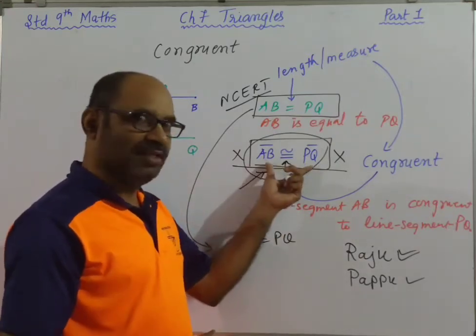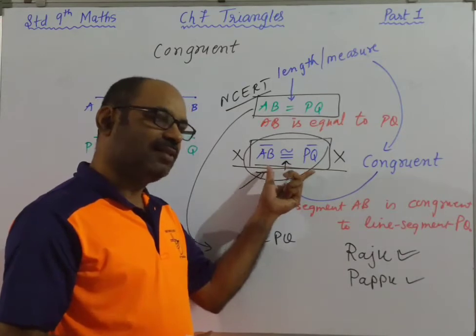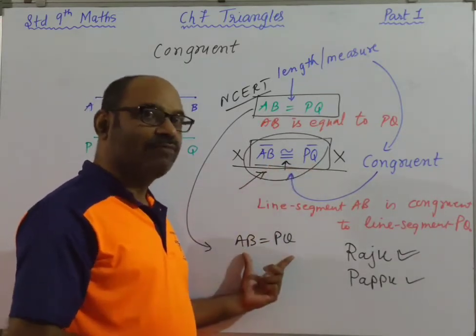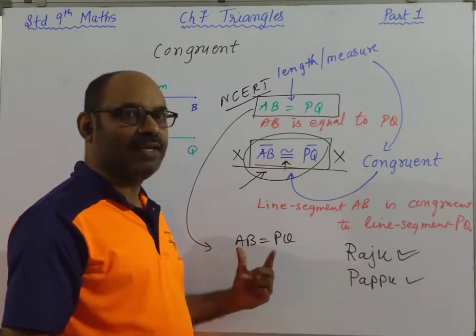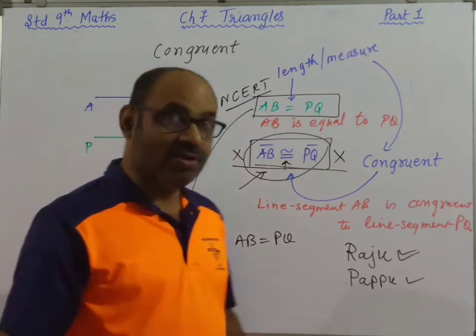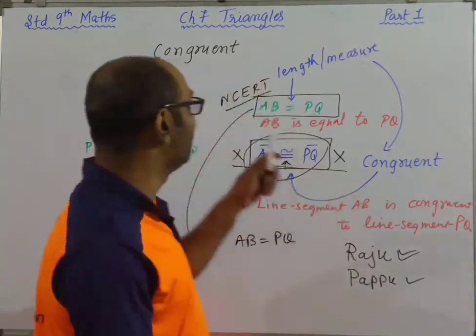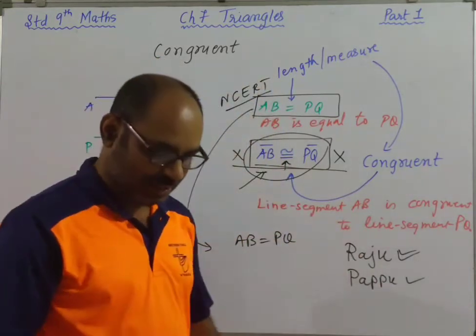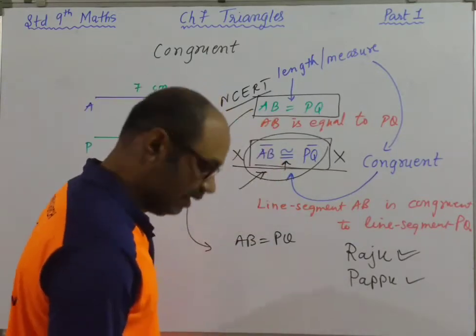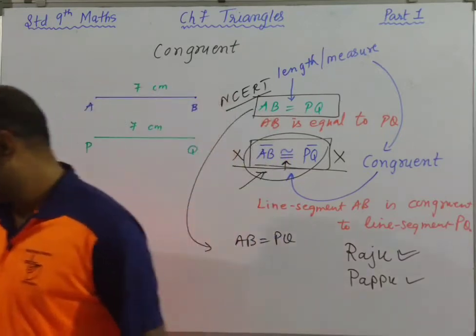But if you come across this type of symbol, yes, the two line segments are congruent, and the lengths of the two line segments are equal or same. Is that clear to you, children? Fine. So, did you understand the word congruent? Yes. This was about line segment. Alright? Let's see one angle.